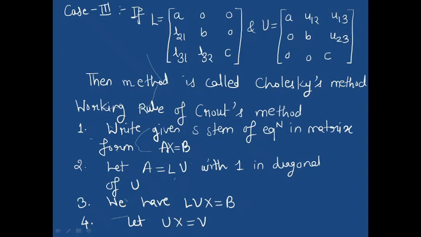After that, put A equal to LU in step 1, so we have LUx equal to b. Then take the next step, Ux equal to v. This is to be used in equation 3, so it takes the form Lv equal to b.